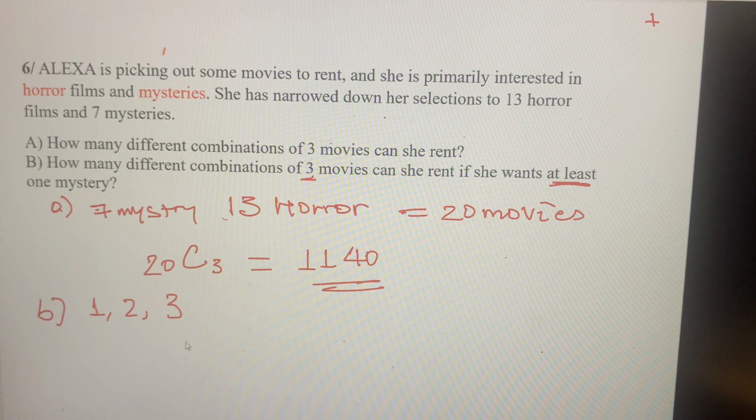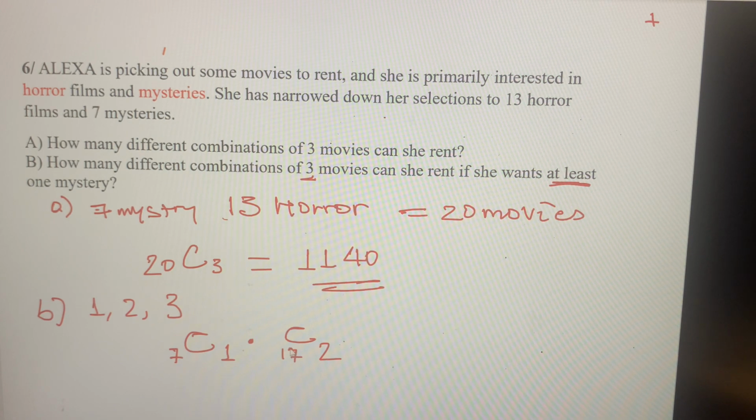So the first possibility is C(7,1), one out of 7, multiplied by the combination for the remaining 2 movies, which must come from the 13 horror movies, so C(13,2).